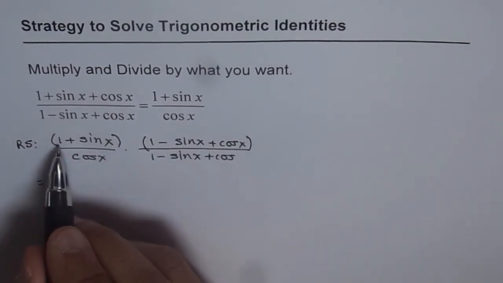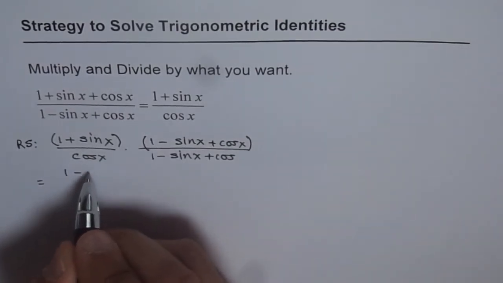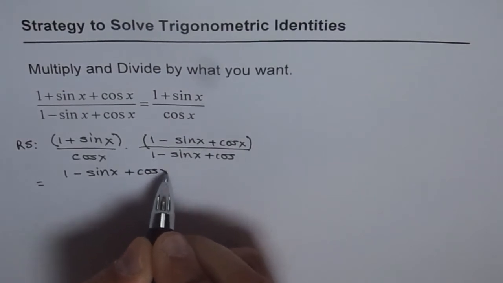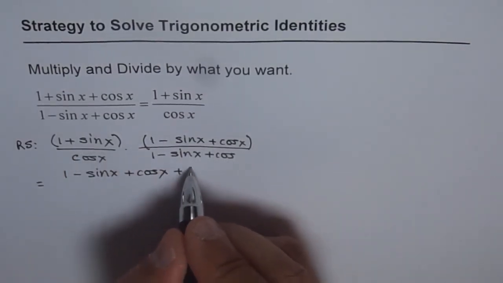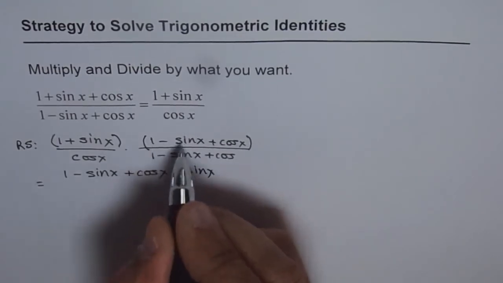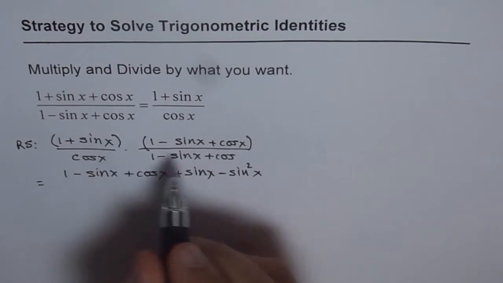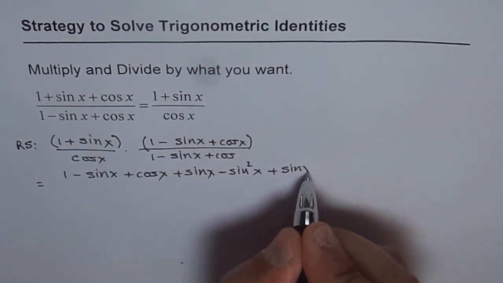So let's multiply first with 1. 1 times 1 minus sine x plus cos x gives 1 minus sine x plus cos x. Now times it with sine x: sine x times 1 is sine x, minus sine square x, and sine x times cos x is plus sine x cos x.